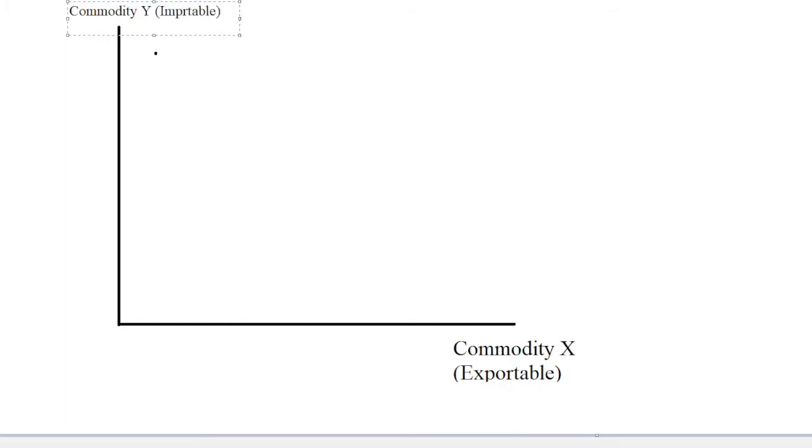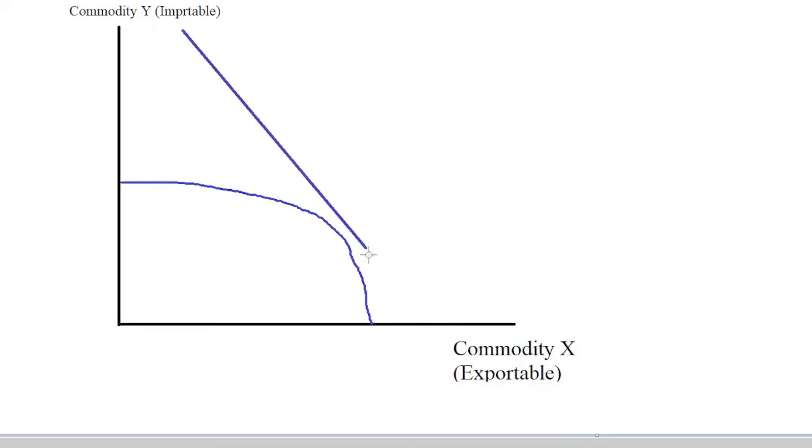commodity for nation 1. Now initially in the short run, let me draw it with blue color. In the short run, we will have a production possibility frontier looking like this, and we will have an initial terms of trade like this.